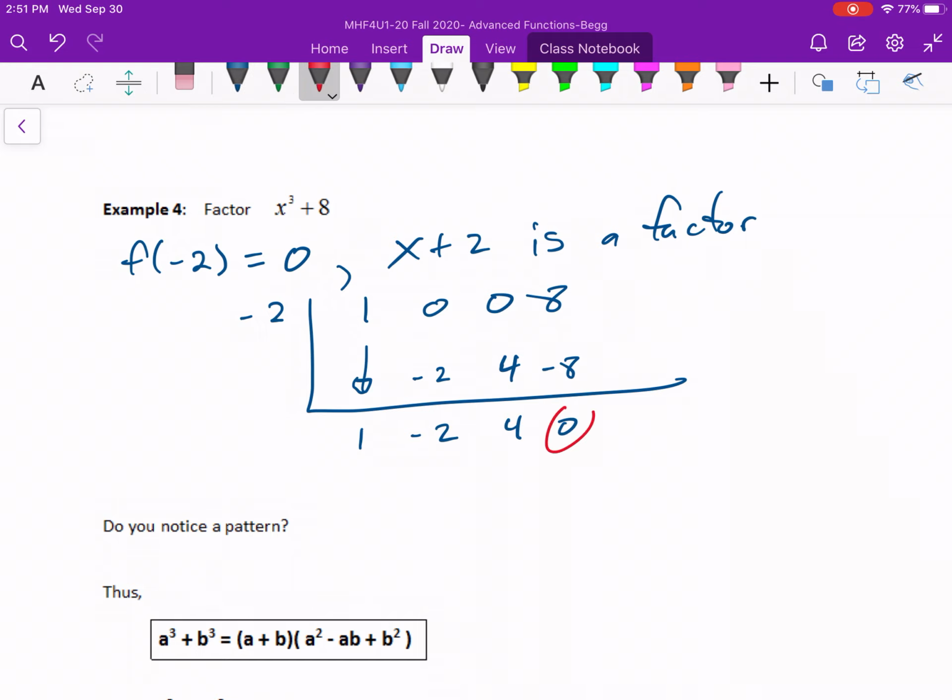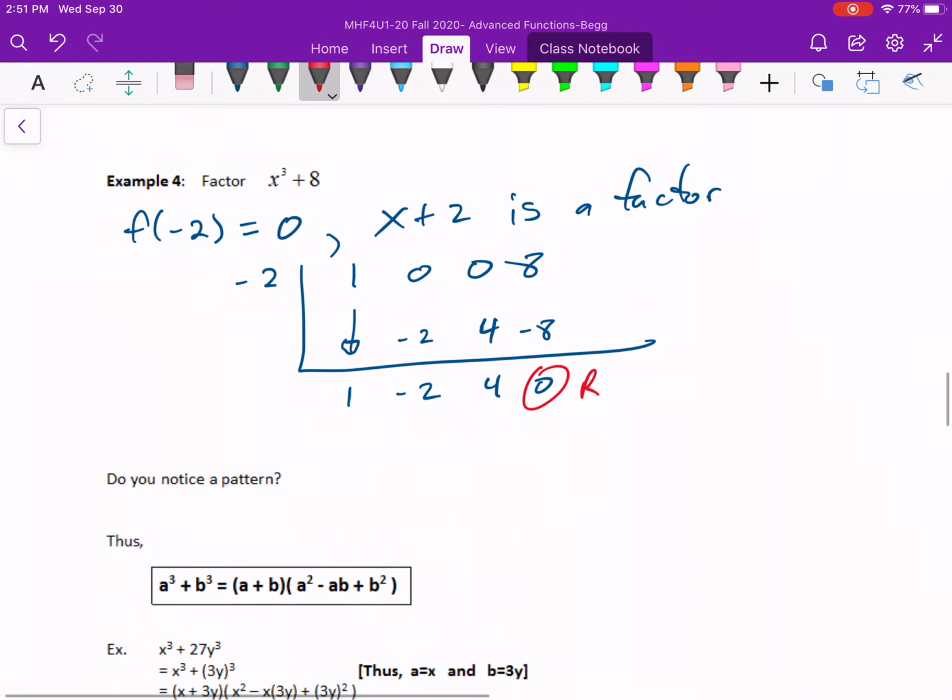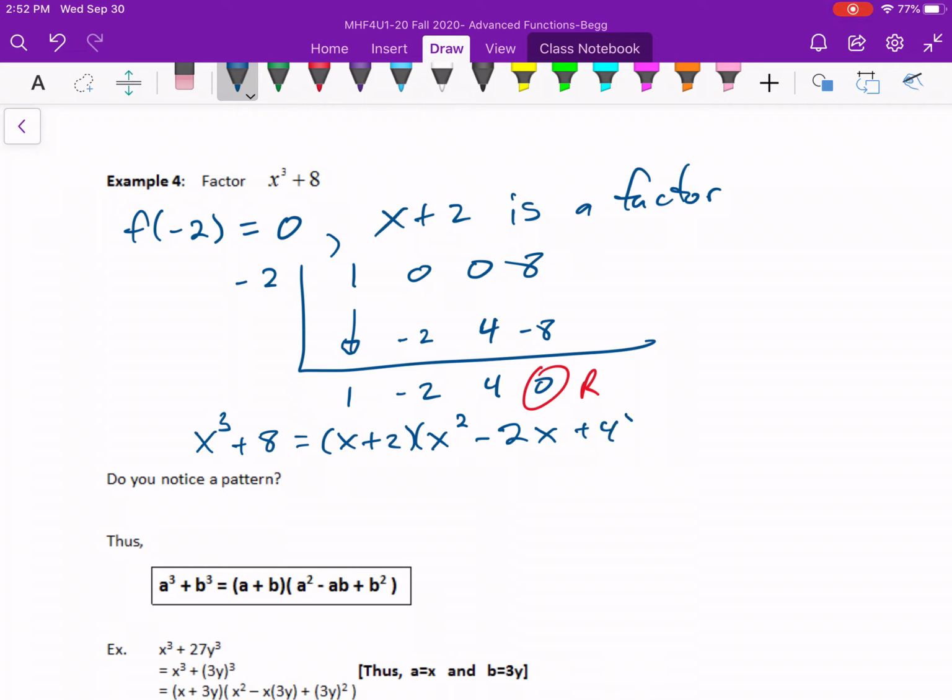We get our remainder of 0. We see that x cubed plus 8 is equal to our first factor of x plus 2 times 1x squared minus 2x plus 4 from here, from above, which again will not factor.